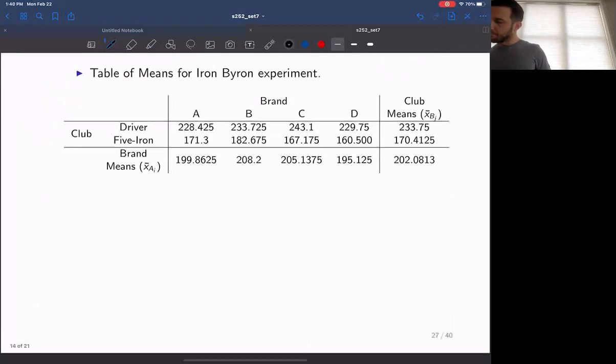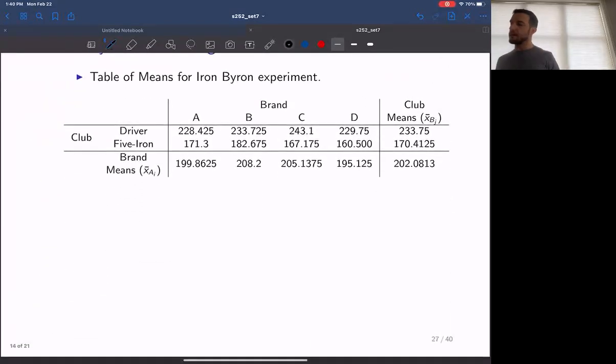Okay. So here is the table of means for the golf ball brand experiment. So each of the values that are shown here inside the table, that's computed by taking the average of the 4 values that are given on slide number 3. So these are the averages of the replications at each of the treatment combinations for this particular experiment. Okay. All right, so we're going to start off by working through the model utility test.